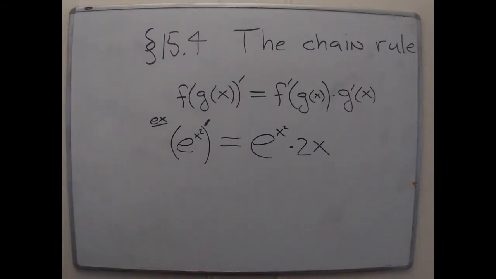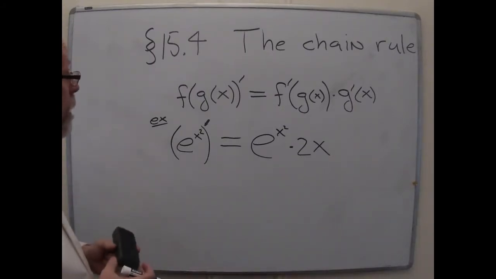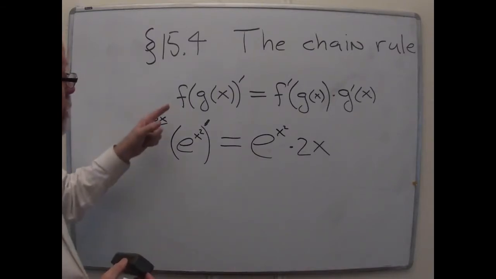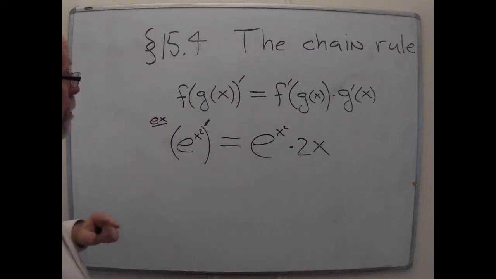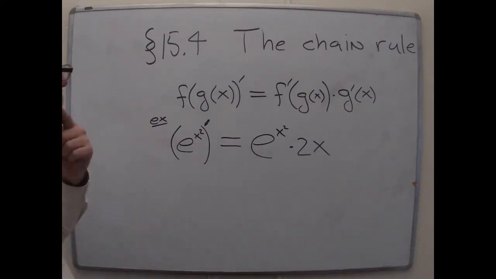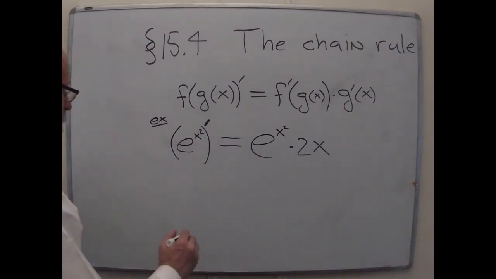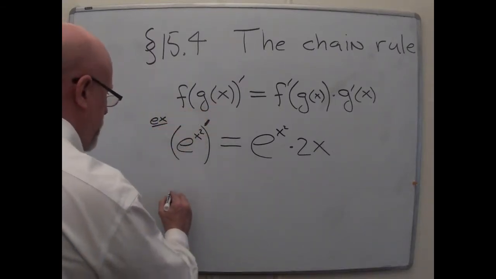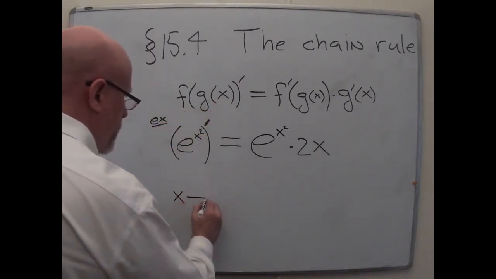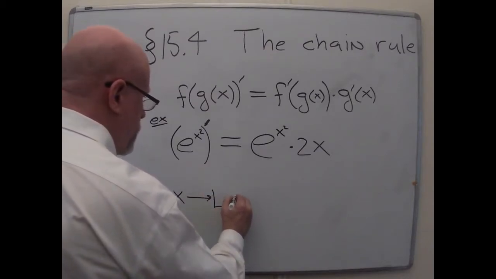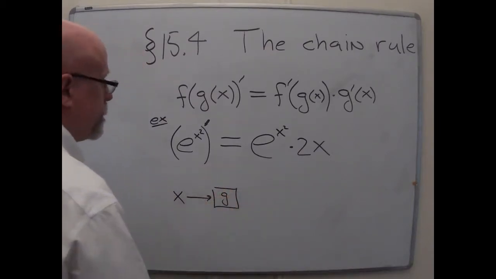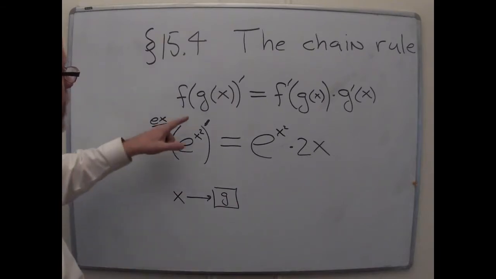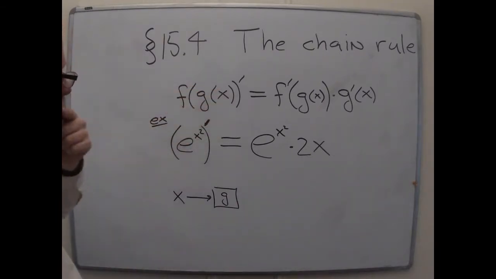If you wrote this in terms of Leibniz notation, it would look different, and in fact, it would look easier. So let me set up the way this is supposed to look. X is the basic input variable, right? And we're feeding x into a function g of x, or g. Do you notice how we don't have a name for that?